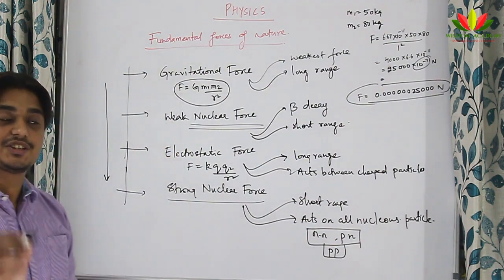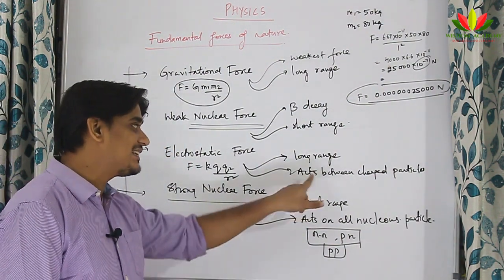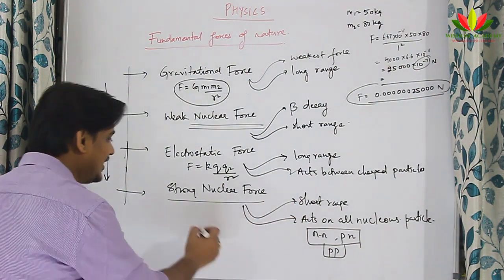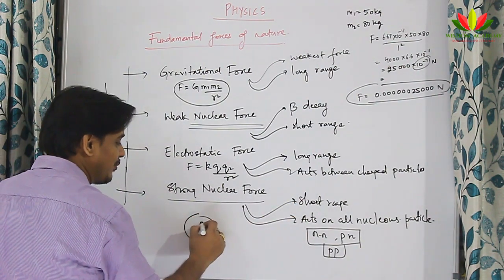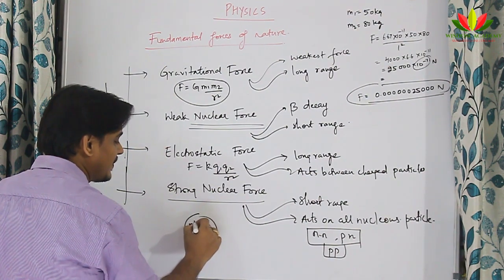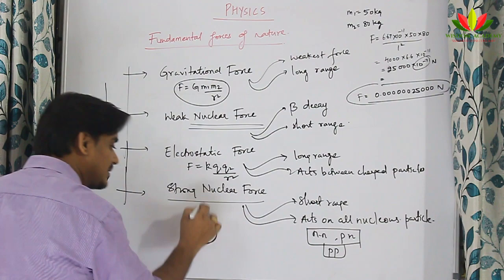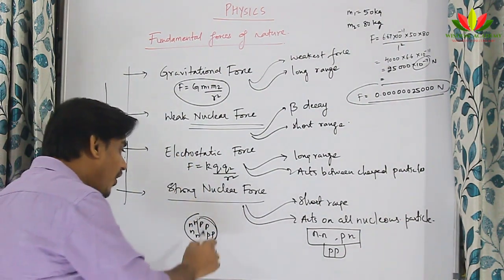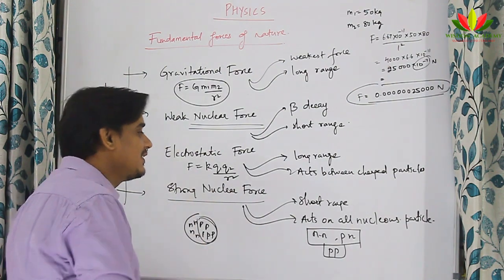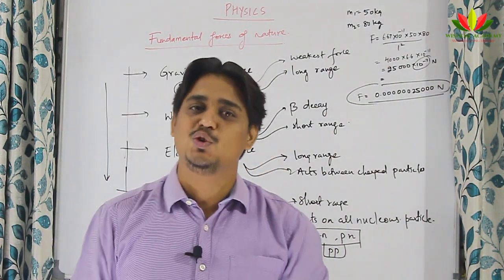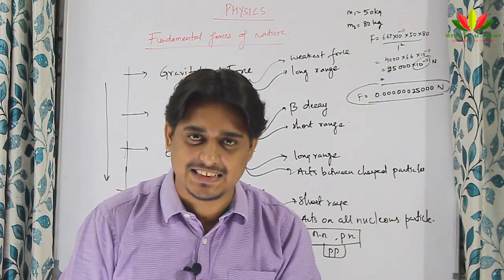All these three combinations, this force will be acting. Whereas this will not act on neutron itself. Now, you can understand inside the nucleus, if I have 5 protons and I have 5 neutrons, these 5 protons among themselves will be under electrostatic force, but all these 10 particles will be under nuclear force, and they become strong and hold the nucleus, and the nucleus does not disintegrate.